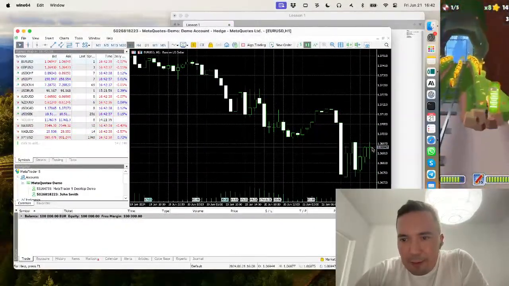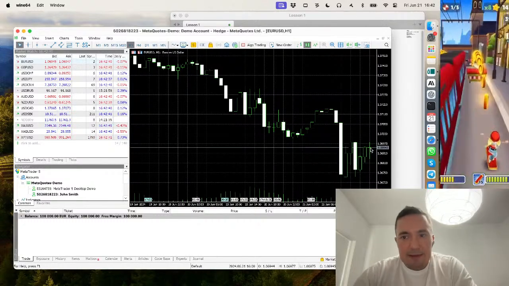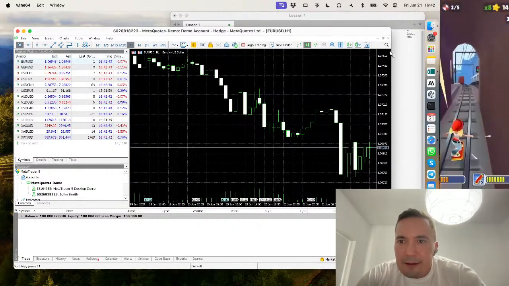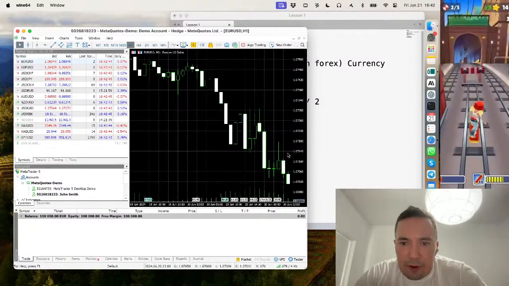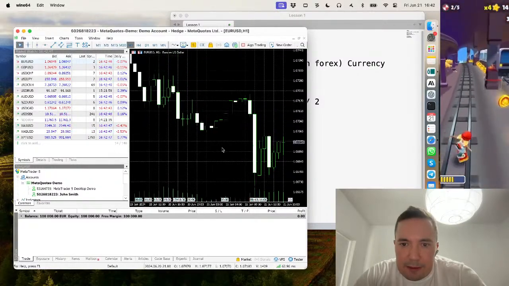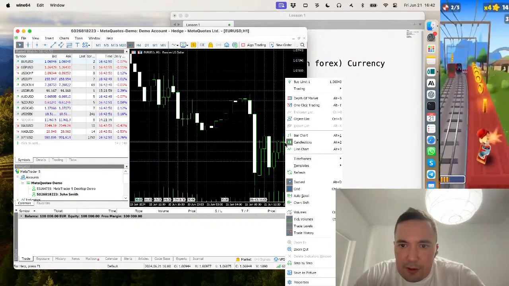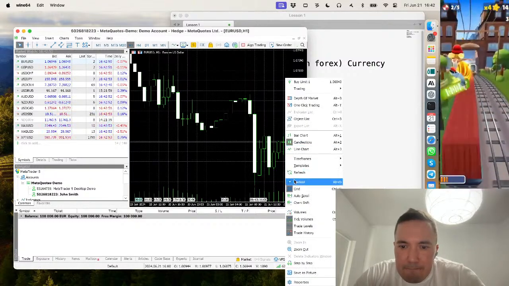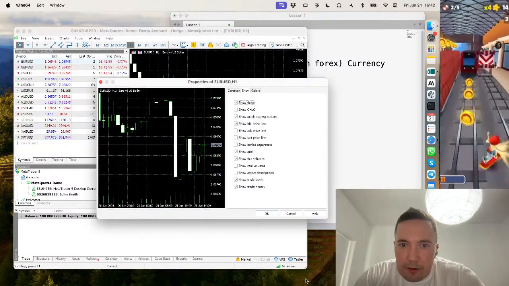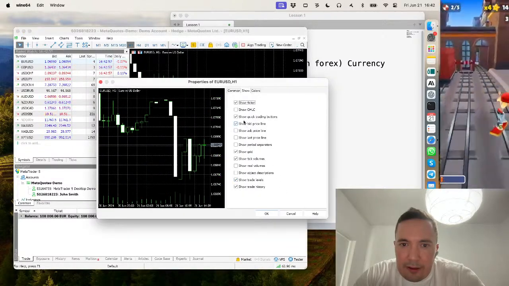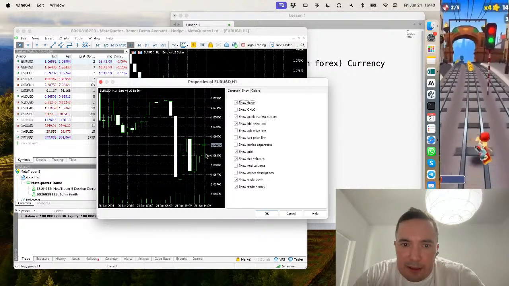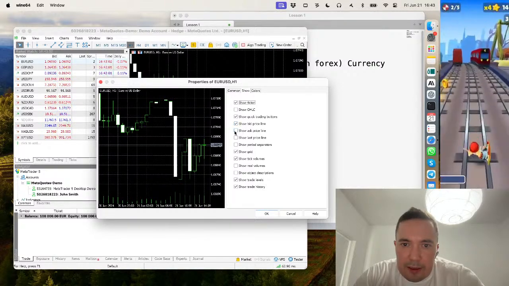So, for example, we can see our rightmost candle. Let me see. And I can show on the chart, where do I show it? Probably here. Show bid price line. So this one is a bid price line.